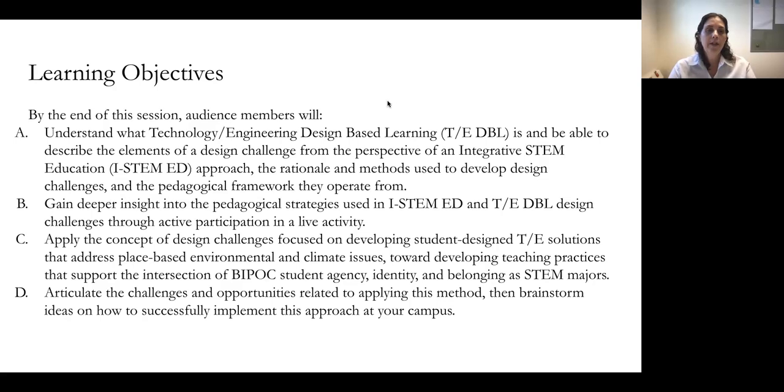Next, you should leave with some deeper insight into the pedagogical strategies that are used with iSTEM Ed specific to the TEDBL challenges. We're going to do that by discussing a scenario where we'll go through some of the early stages of how one of these activities would look.